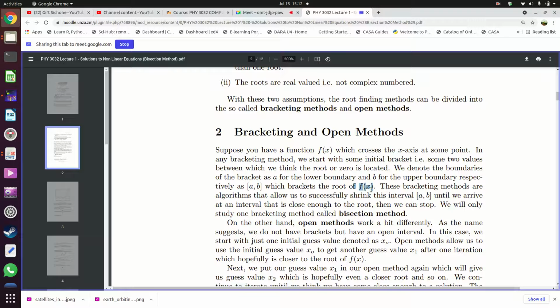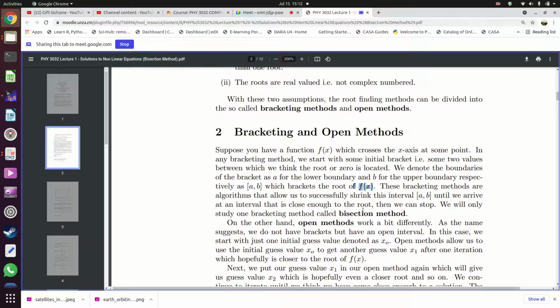So if that's the case, then you can start shrinking the bracket. Okay, you can start making the bracket smaller and smaller, until it's small enough that the a and b actually hug the function where it crosses the x-axis.